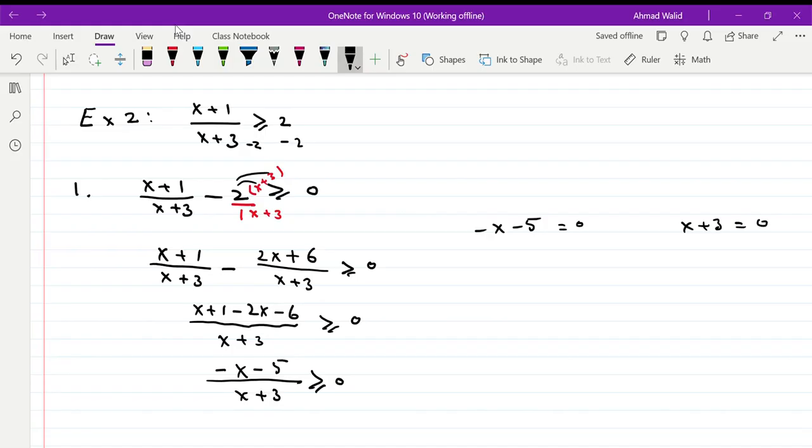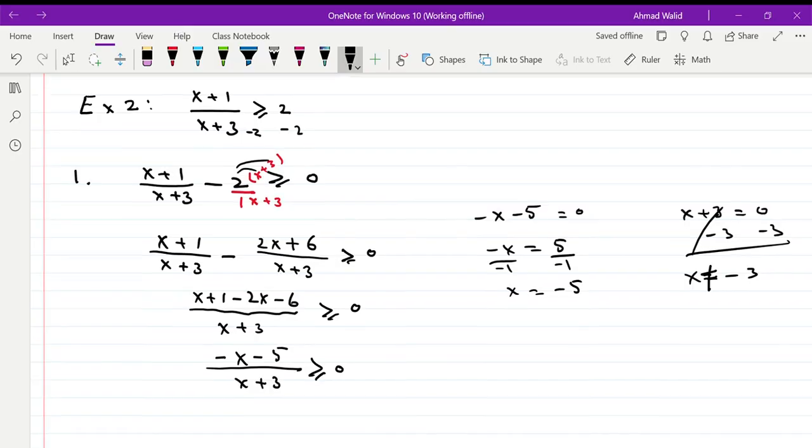From here, negative x equals 5. If you divide both sides by negative 1, then x is equal negative 5. Here, subtract 3 from both sides, x equal negative 3. But you remember you cannot take negative 3, right? Because that's your vertical asymptote. Correct?